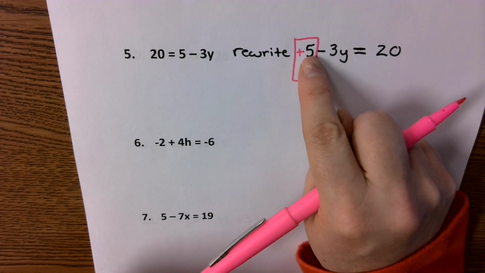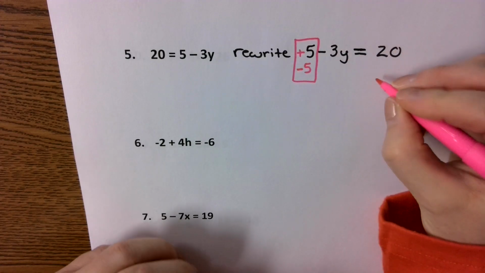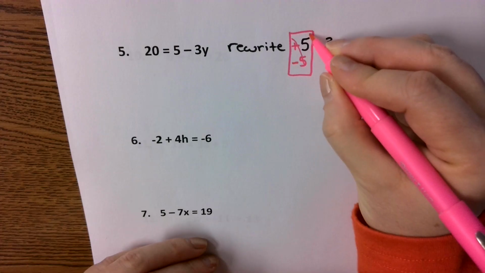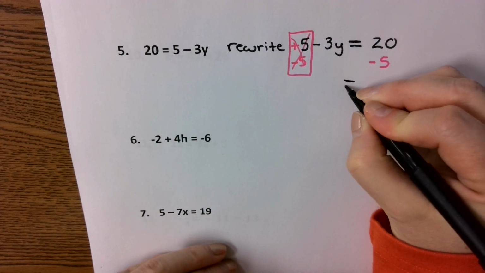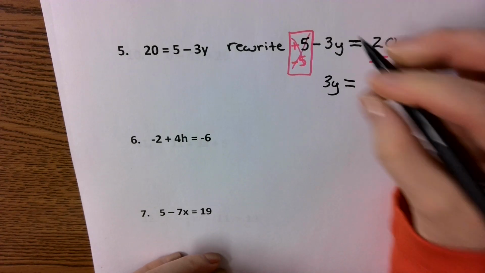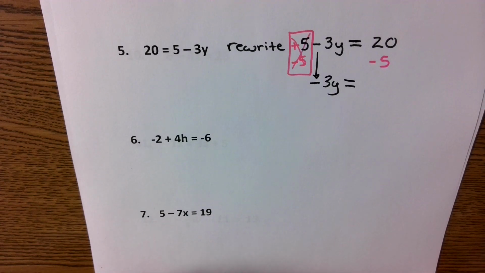The only way we can get rid of that 5 is to subtract 5. So we can box and cross the 5s off, and what comes down is not just 3y, but that negative sign. That minus sign comes down and now acts like a negative sign.